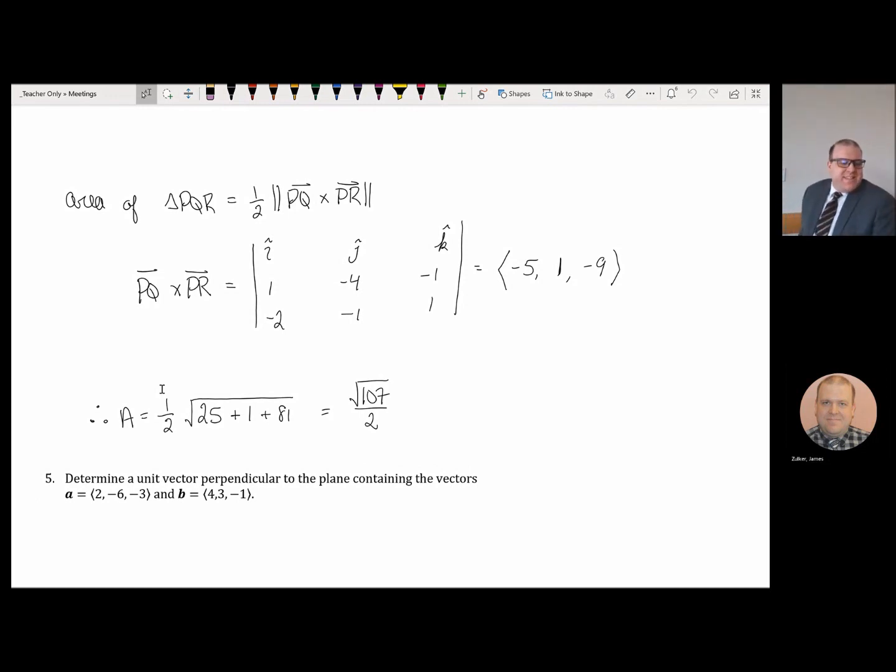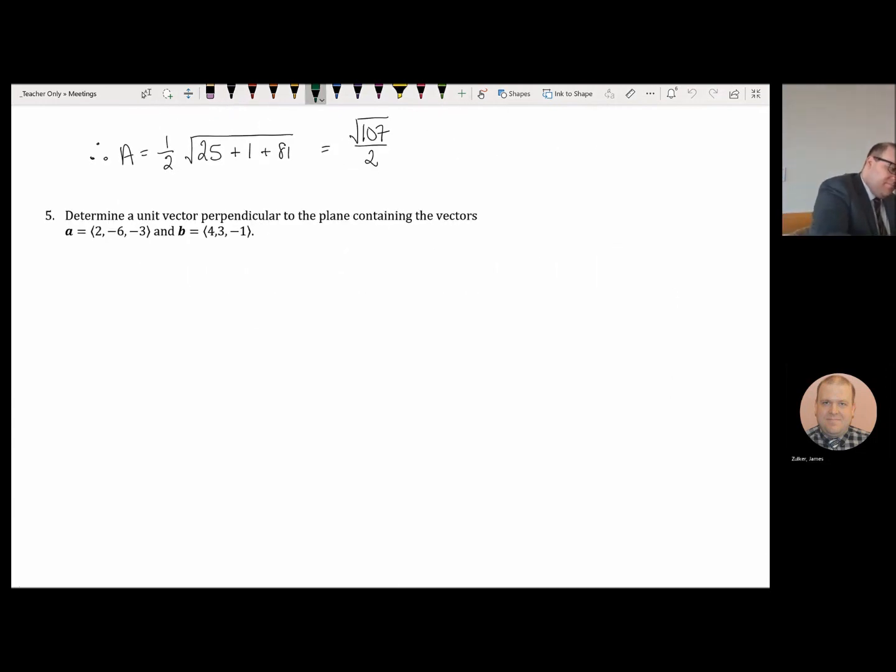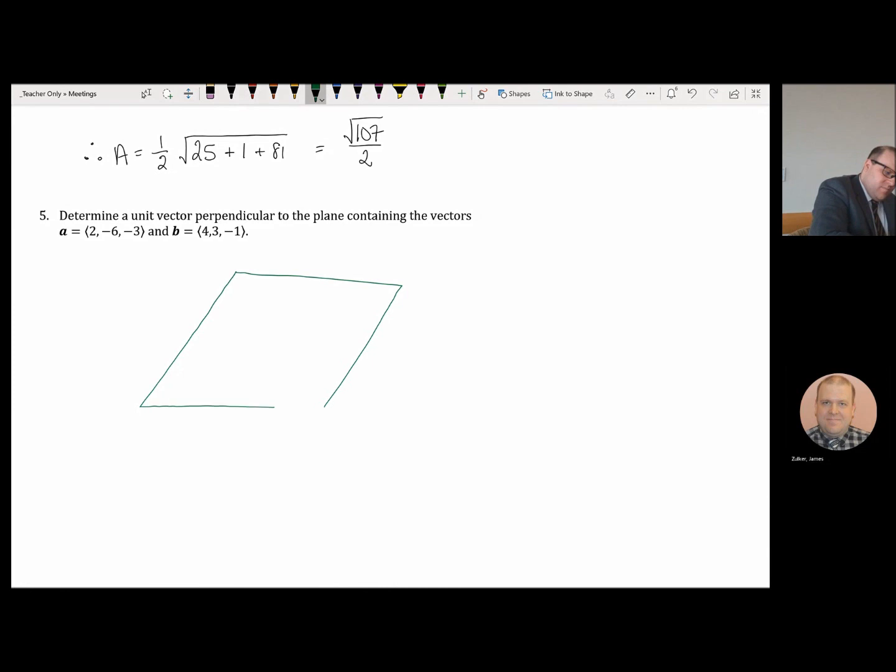Determine a unit vector perpendicular to the plane containing vectors A and B. Let's just say for the sake of argument that is our plane.